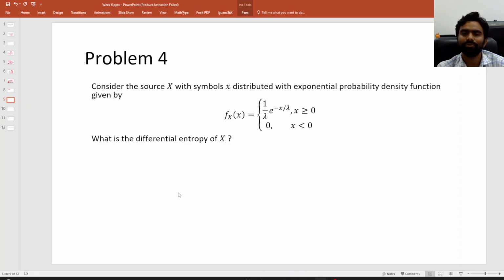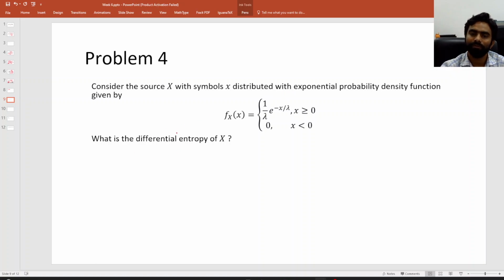Consider a source x with symbol x distributed with the exponential probability density function, the PDF of the source x. Now you have to find what is the differential entropy of x. So now we have moved to the continuous distribution, or continuous probabilities, for the differential entropy.